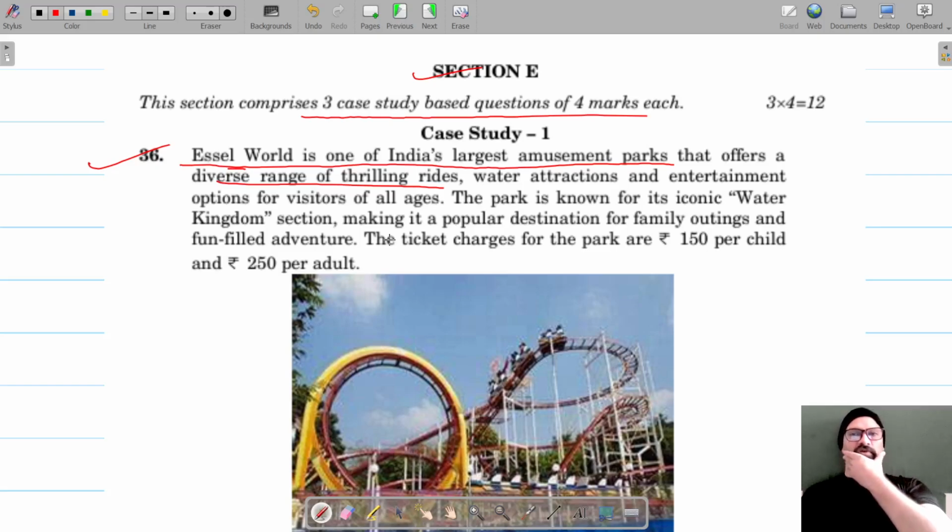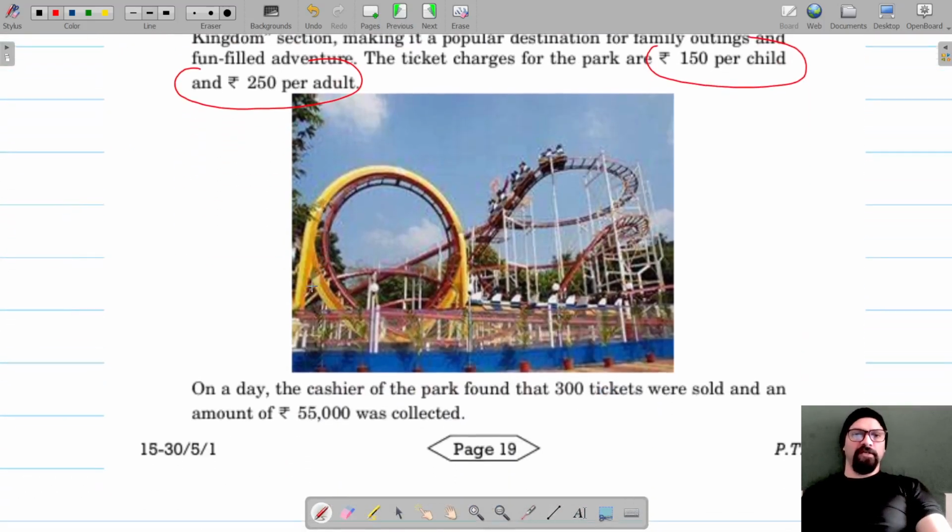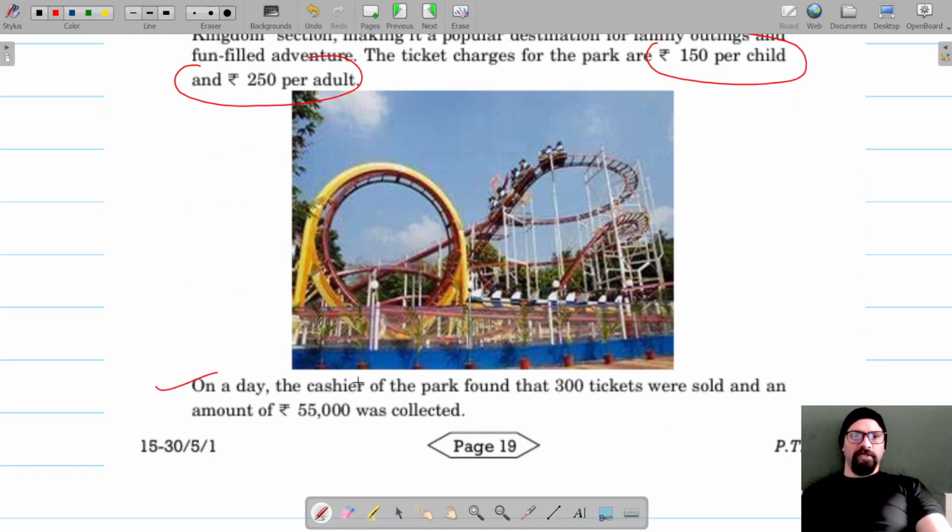The park is known for its iconic water kingdom section, making it a popular destination for family outings and fun-filled adventure. The ticket charges for the park are rupees 150 per child and rupees 250 per adult. On a particular day, the cashier found that 300 tickets were sold and amount collected was 55,000.